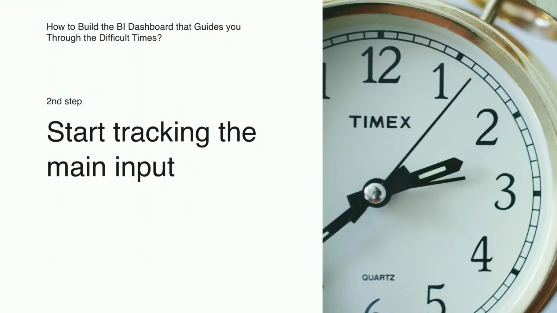Second step for me is always check on the main inputs. Different companies have different main inputs. Let's say I'm running a company with 30 people that is doing software and design, and the main cost for me is salary cost. And salary cost goes together with the taxes that I pay together with the salary. Now, I need to know more about the salaries.